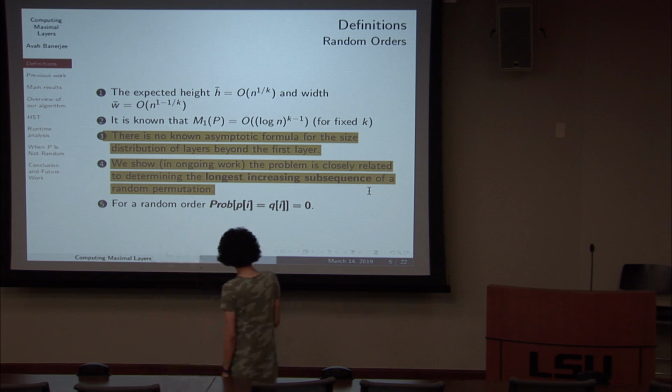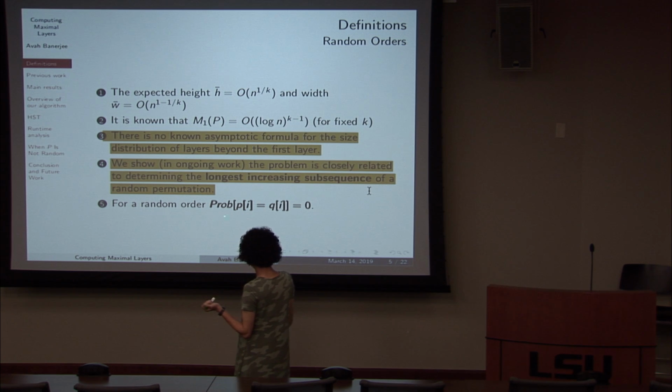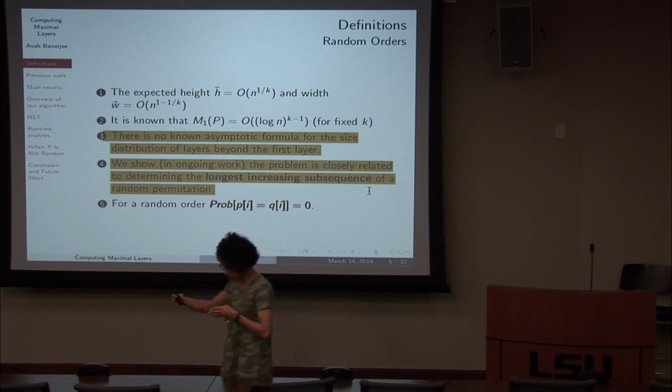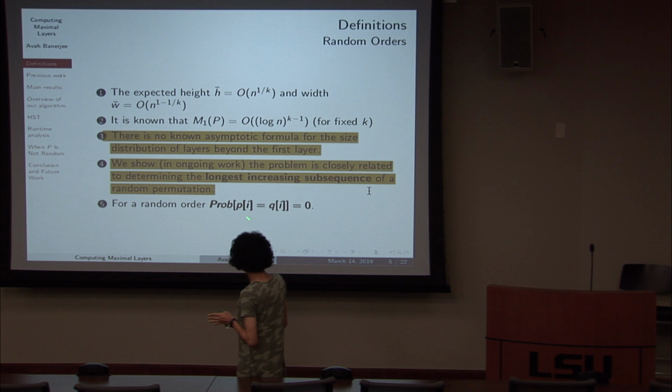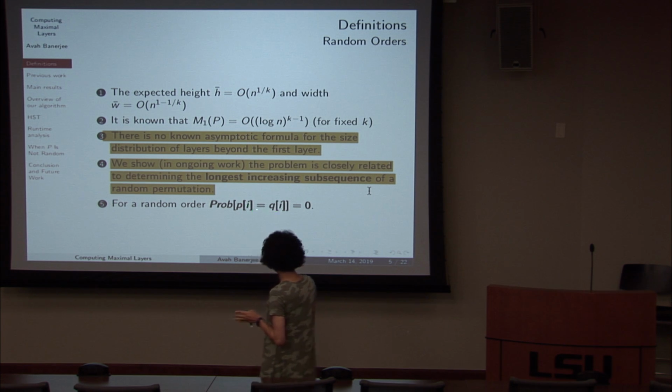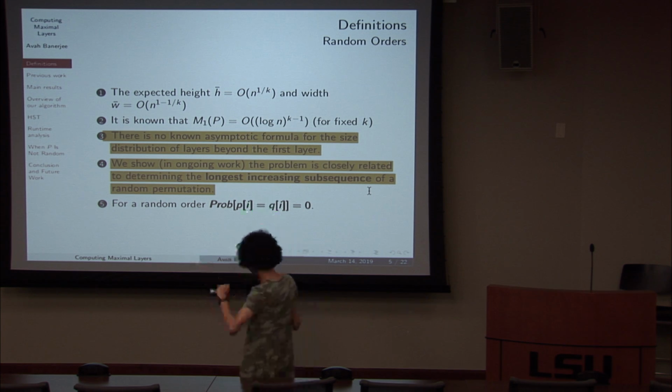Okay. So for a random order, because you pick the points in a continuous interval, the probability that for some dimension they will share a coordinate is 0.